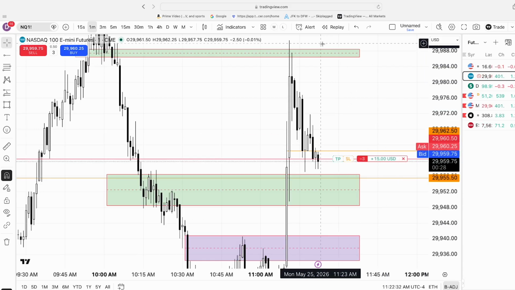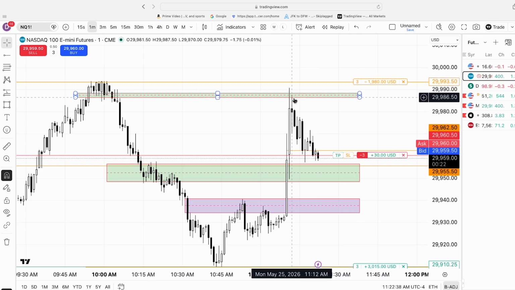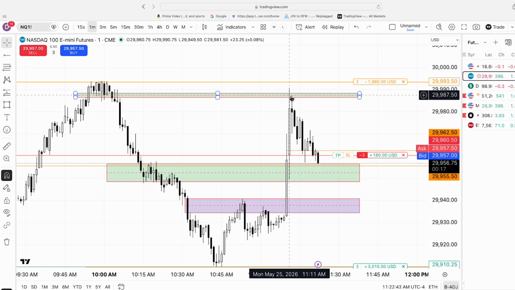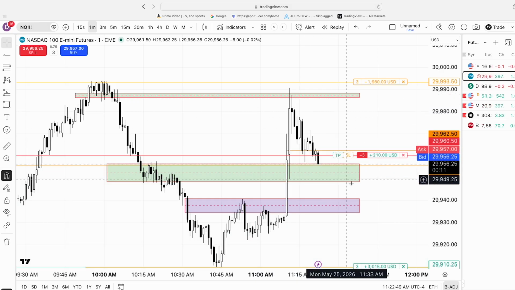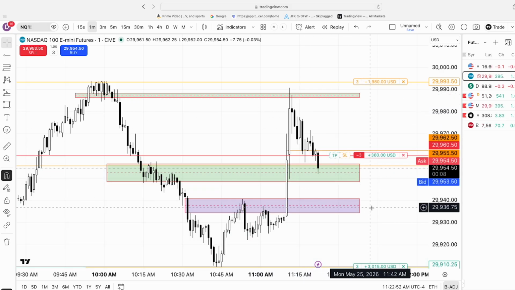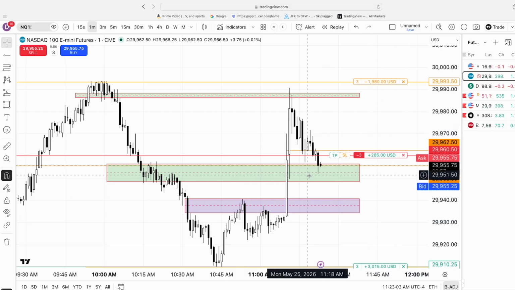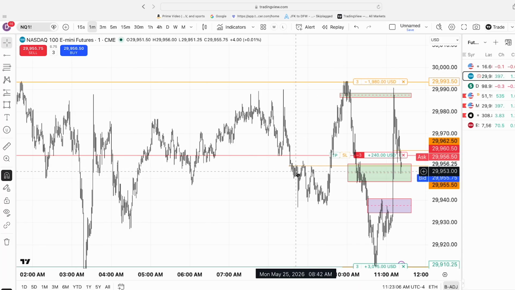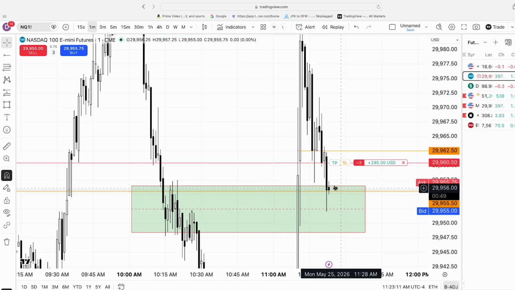It can have room to go all the way back up if it wants, which is why my stop loss has to be so high, because this is the initial moment I was supposed to get in this trade, was up here. But because I decided to do a recording because it's Memorial Day weekend and it just moves wonky, I was like, okay, well, let me just do a trade here.